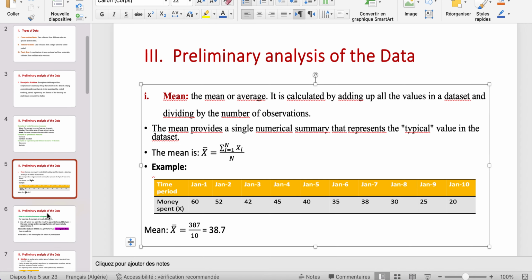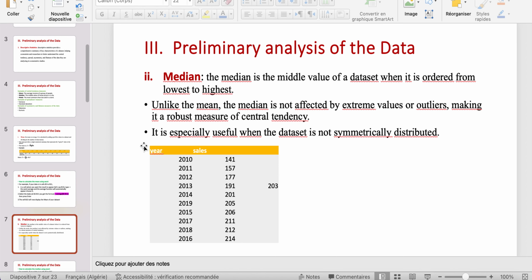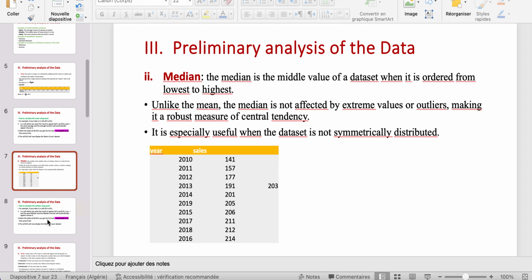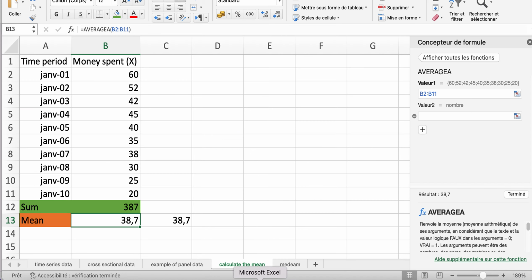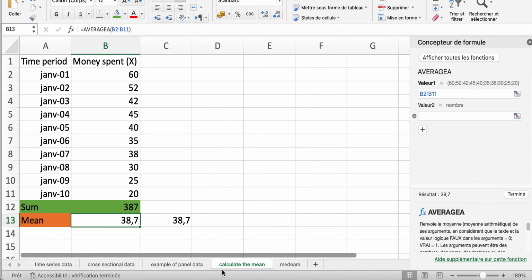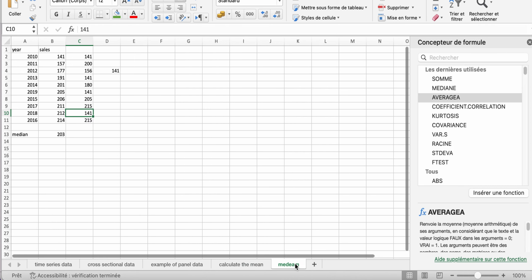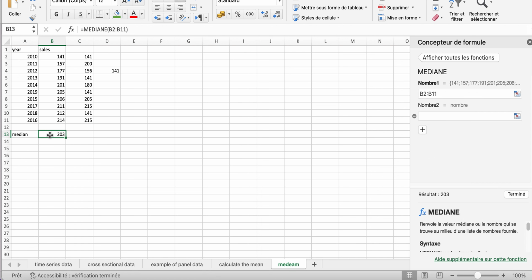Then let's move to the second one, the median. The median is the middle value of the data set when it is ordered from lowest to highest, like I said before. If we take this example to Excel, it's straightforward to calculate the median.